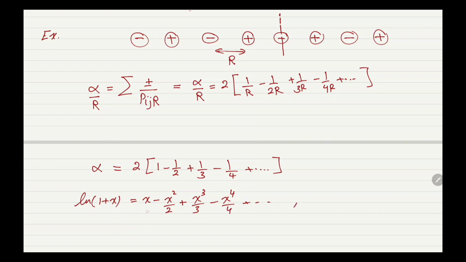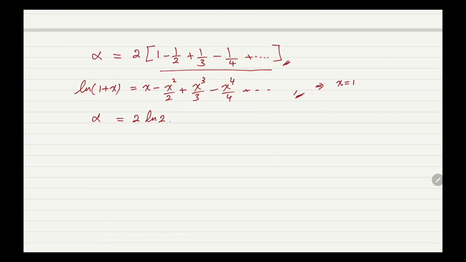And if we compare this series with the result here, we find that x in this case is equal to 1, so all of this equals ln 2, so alpha equals 2 ln 2. In other words, the Madelung constant for a one-dimensional chain is equal to 2 ln 2. It's good to mention that in three dimensions, the situation is very complicated and we cannot do this manually.